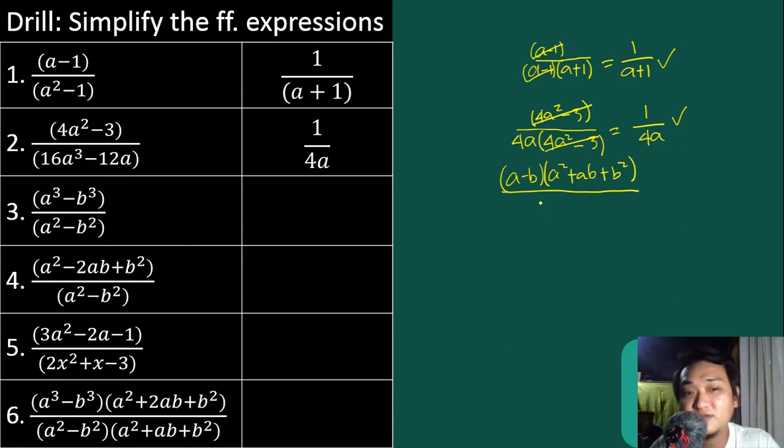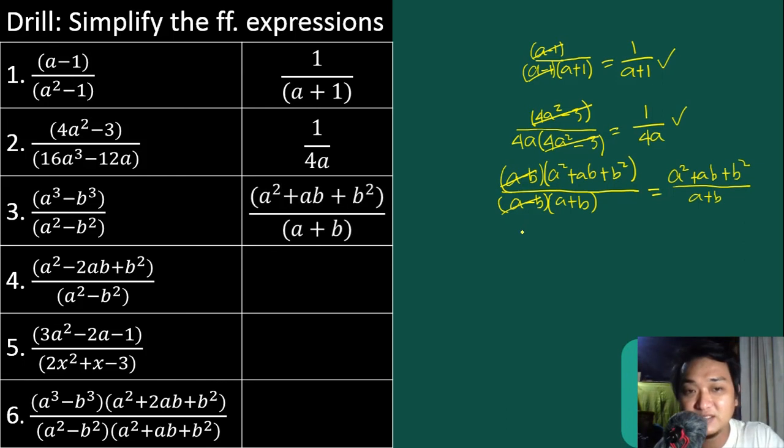All over, the factor of the denominator will be a minus b times a plus b. And then let us try to cancel out those similar quantities in the numerator and the denominator. The final answer is a squared plus ab plus b squared all over a plus b. Tingnan natin kung tama yung sagot natin.